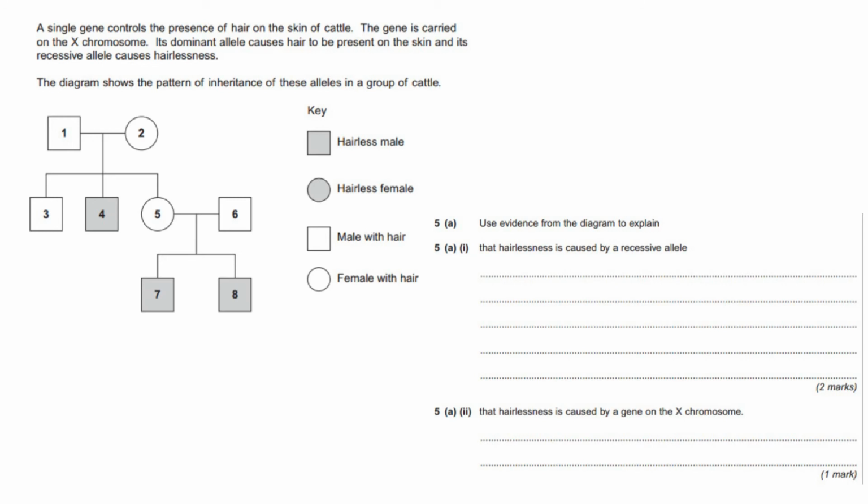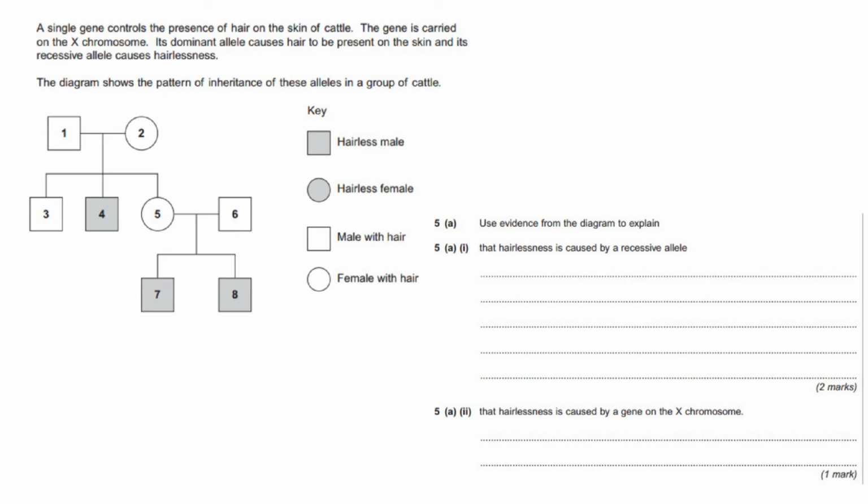Then we can see one of the hairy females mates with a hairy male, but both their children are hairless males. That's what I've just talked about previously. We can work our way through this. As one of the offspring of the first parents is hairless, that implies one of the parents must be a carrier on the X chromosome for the hairlessness gene.